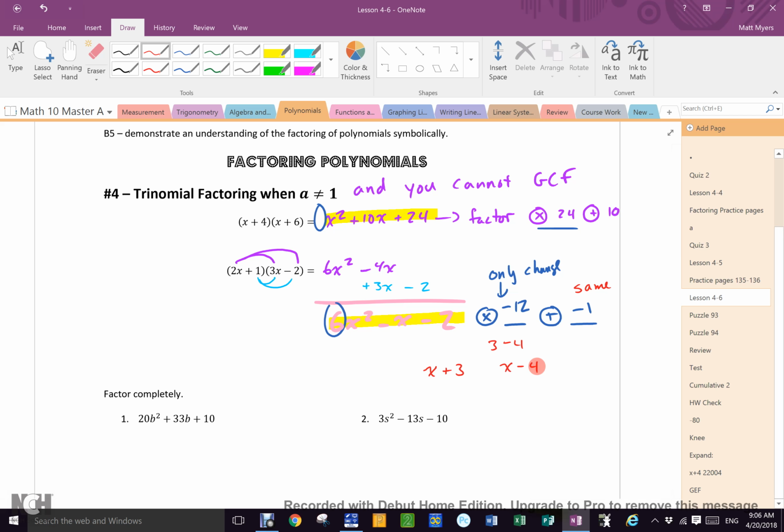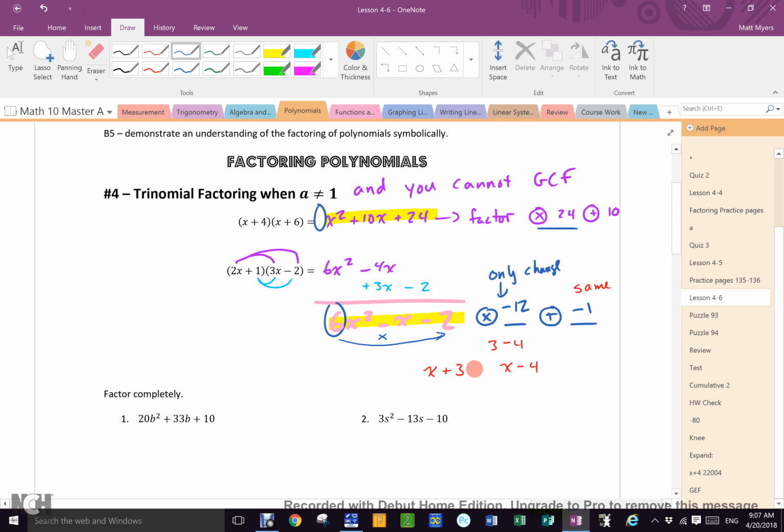But what did we do to know we had to go to 12? What made us know it had to be 12? What do we have to do with the 6 and the 2? We had to multiply that, correct? Isn't factoring division? Have we done any division yet?